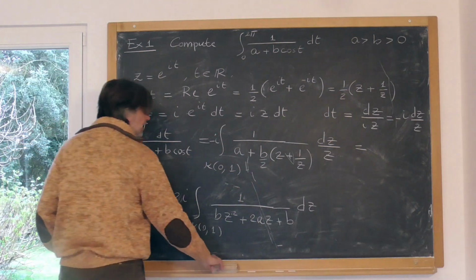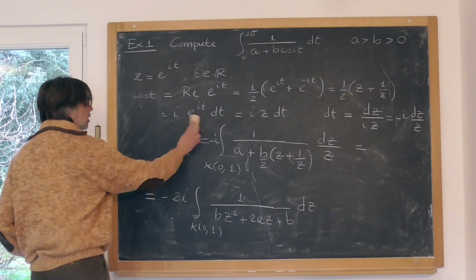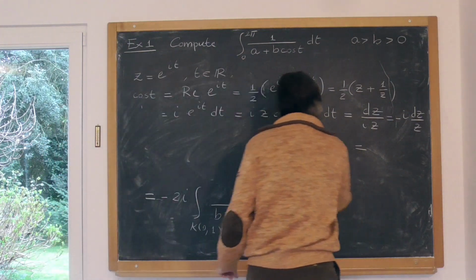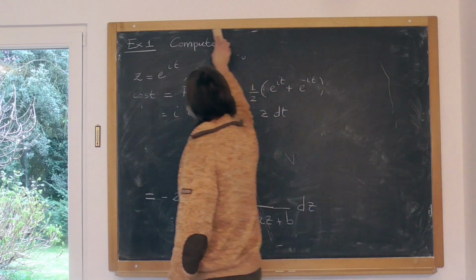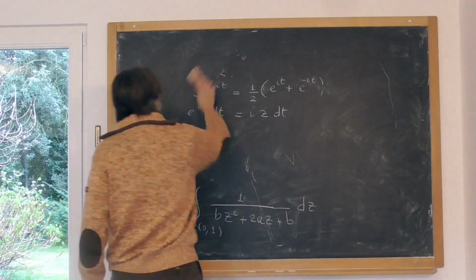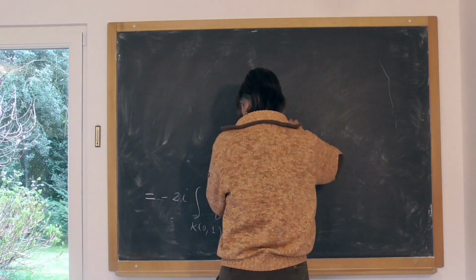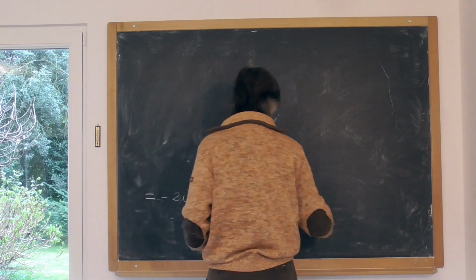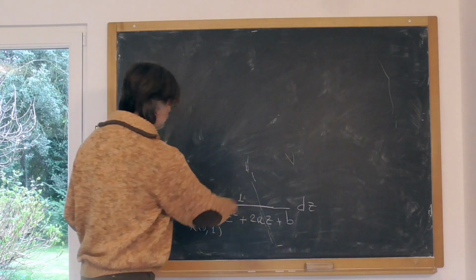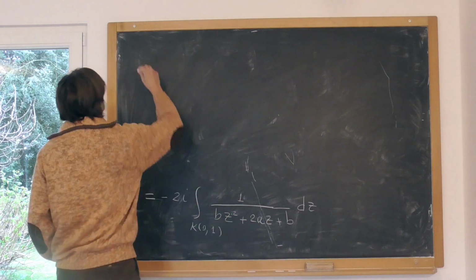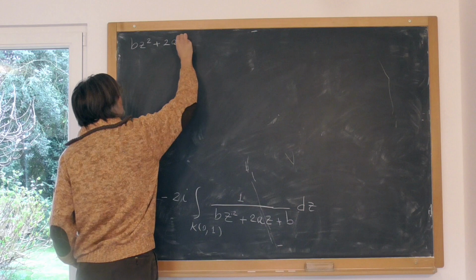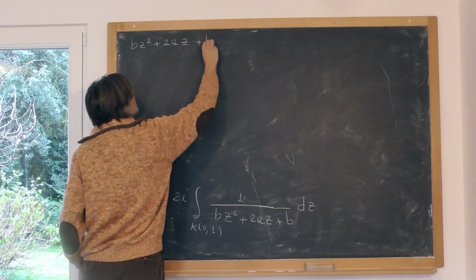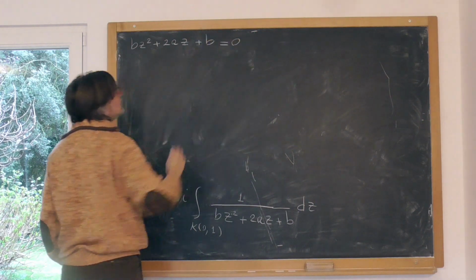So this is a rational function, so the singularities will be poles, and the poles will be exactly the zeros of the polynomial appearing in the denominator. So what are the zeros of this polynomial? bz squared plus 2az plus b equals 0.